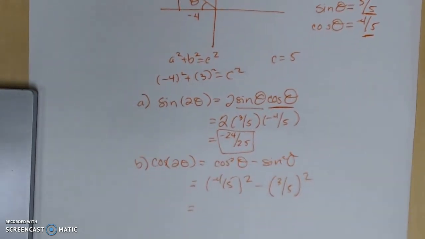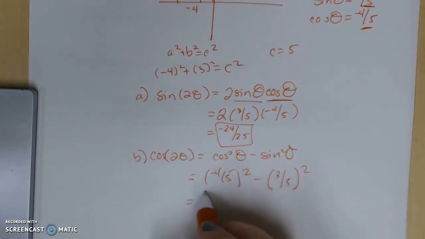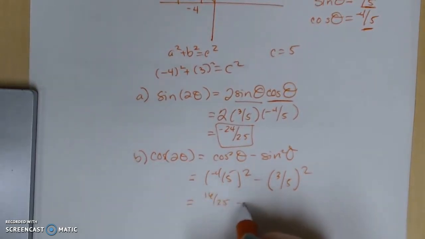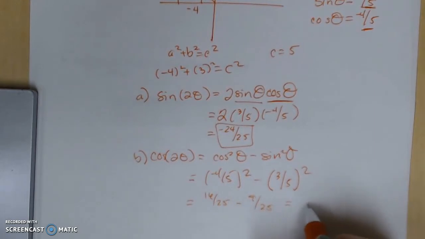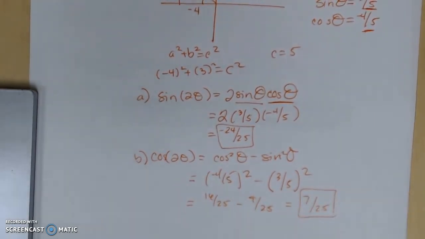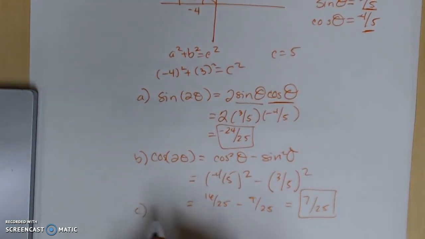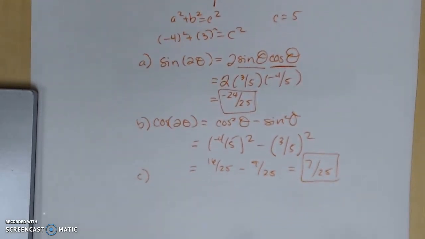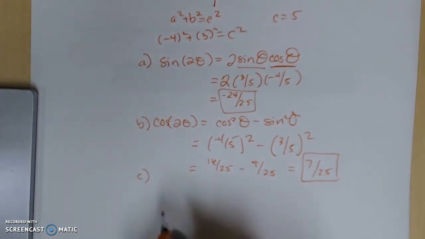Now we're just down to arithmetic of our fractions. So this gives me 16 over 25 minus 9 over 25, and combining that together gives me 7 over 25. So you can see that our building blocks paired with our formulas are able to output these ratios that we are looking for.